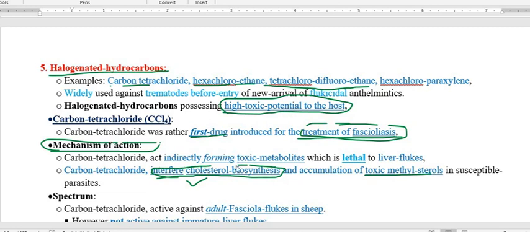That metabolite is a toxic metabolite, which is lethal to the liver fluke. So the mechanism of action is to interfere with cholesterol biosynthesis, so the toxic concentration of methyl sterol accumulates and produces the killing effect on the susceptible parasite.